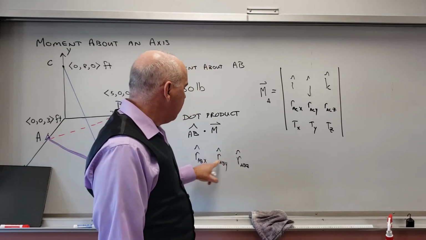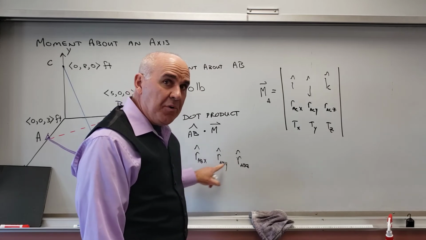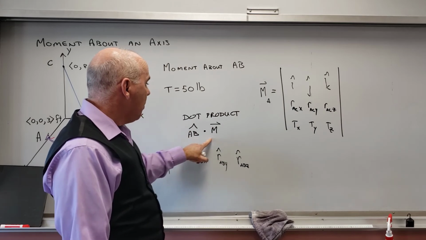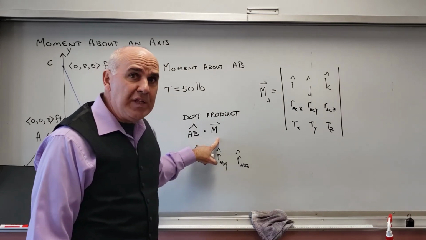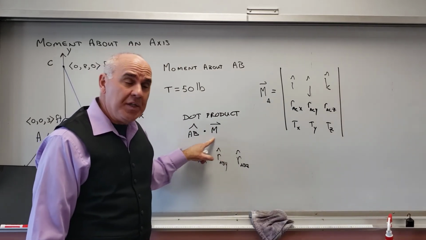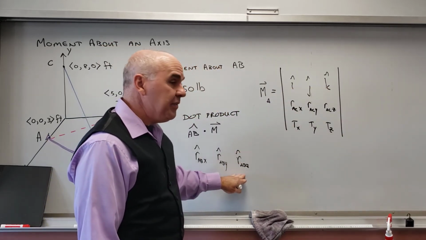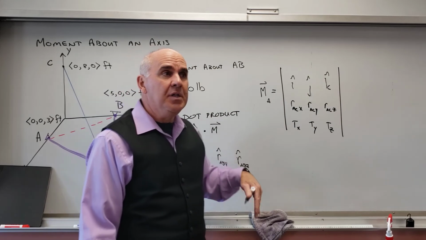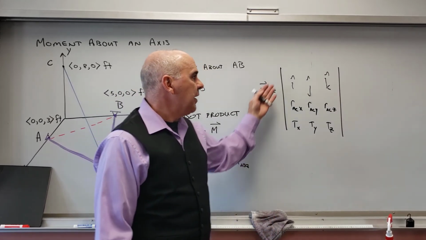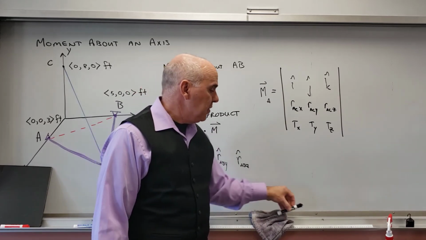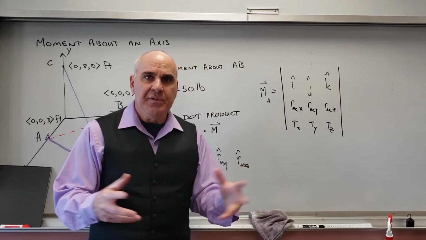It turns out I can take these components of the unit vector and put them in for the I, J, K. Remember, this is going to be a scalar quantity, not a vector quantity. So if I take the I, J, K's out and put in the X, Y, and Z components of the unit vector, I get a scalar quantity, and I would need to evaluate that determinant. So that's one way we can do that.